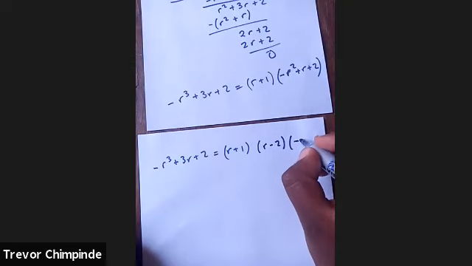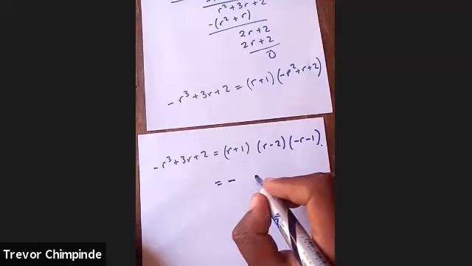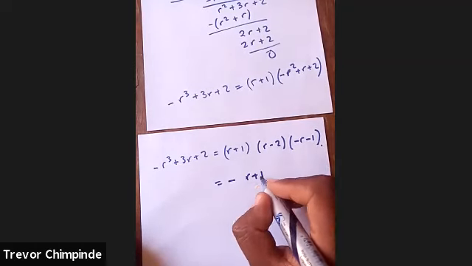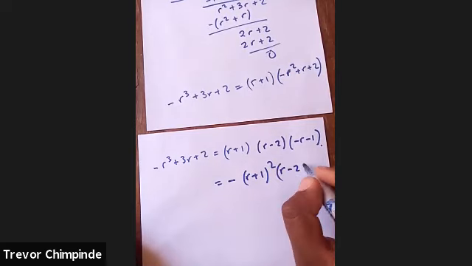The factors will be r minus 2. The factors are 1, negative 1. So r minus 2 and minus r minus 1, I think, yes. So this is minus, yes, r plus 1 squared and then r minus 2.